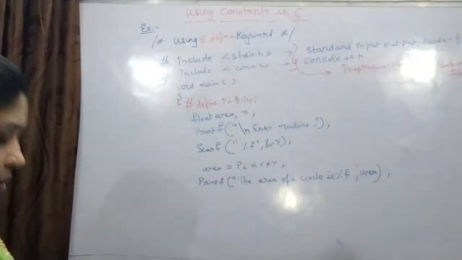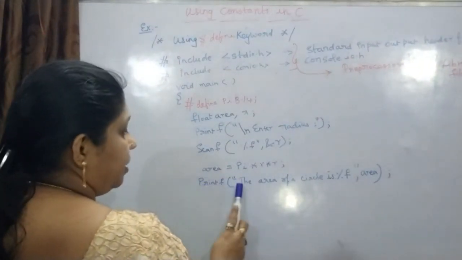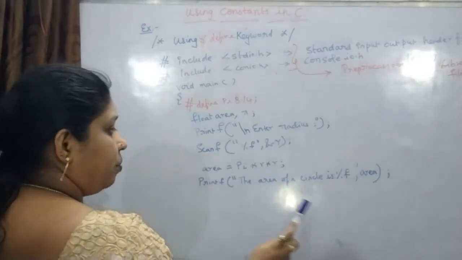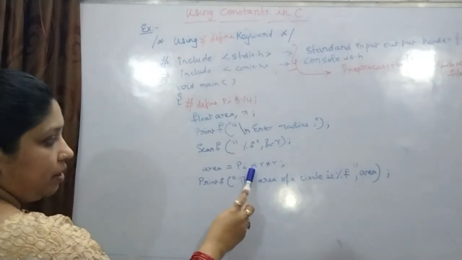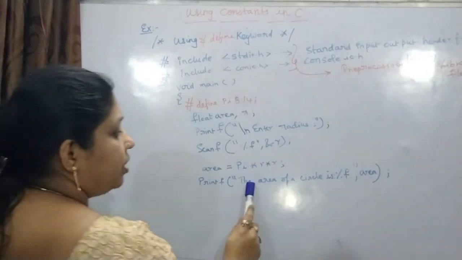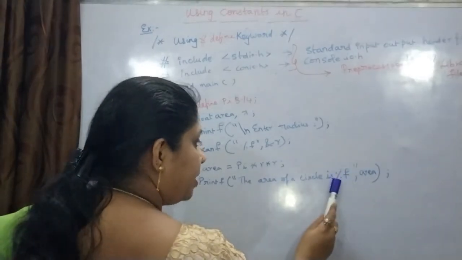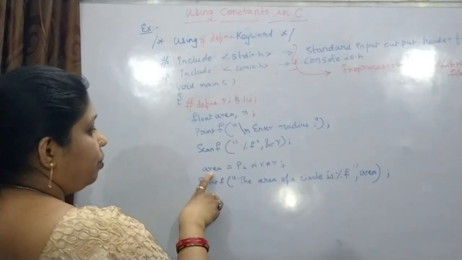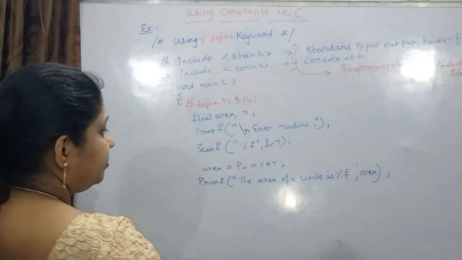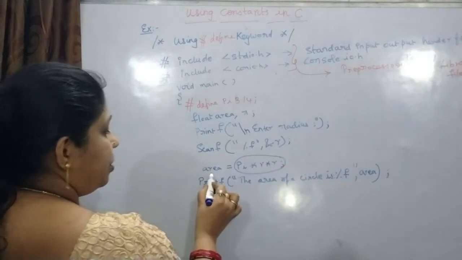Understood? Now how this statement works is, printf will display this statement, the area of a circle. After processing that formula, the area of a circle is %f. Why I am giving this is because the output is stored in this.